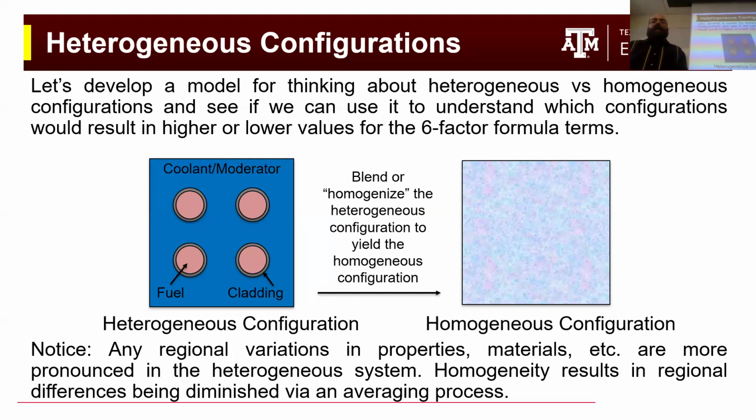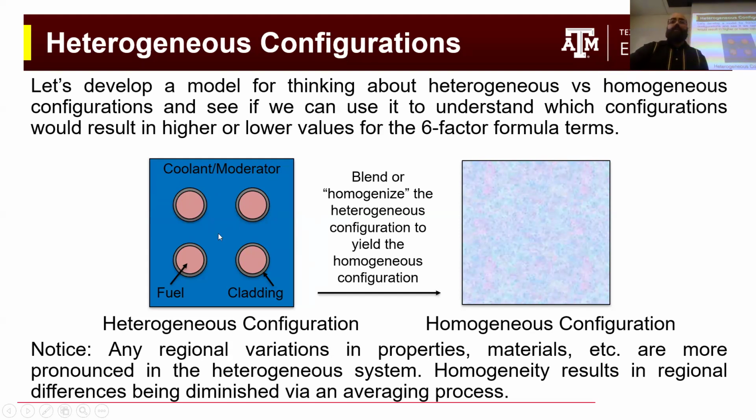So it dulls the effects of any individual pieces in our system. It also means we don't have as many spatial effects, because the fuel isn't concentrated in these regions. The fuel is now equally distributed across the reactor. Whereas all of the power would be concentrated in these fuel spots, now the power and the fuel are distributed around.